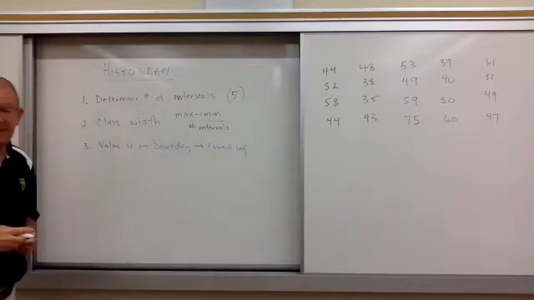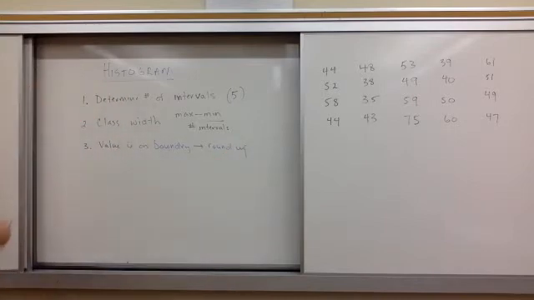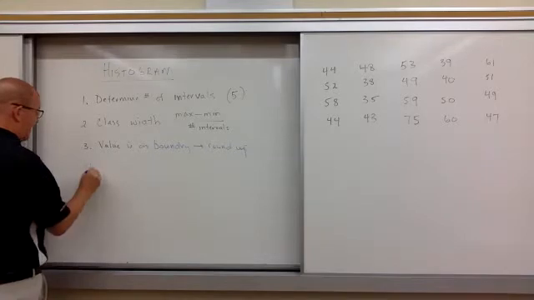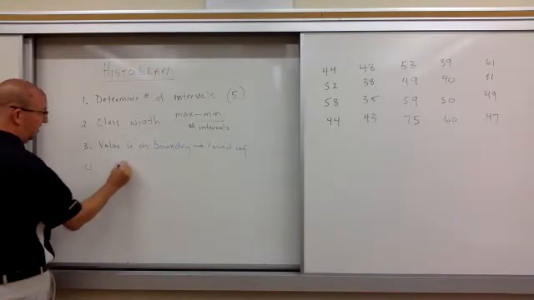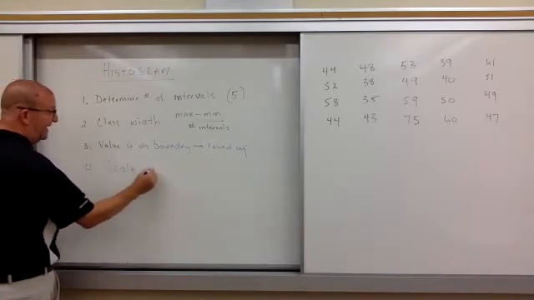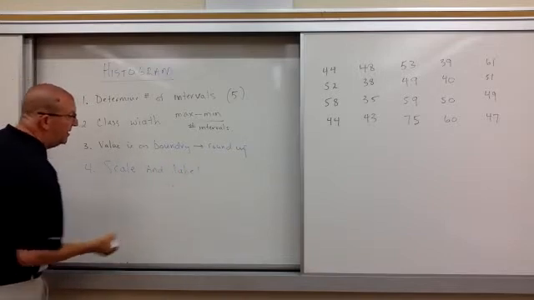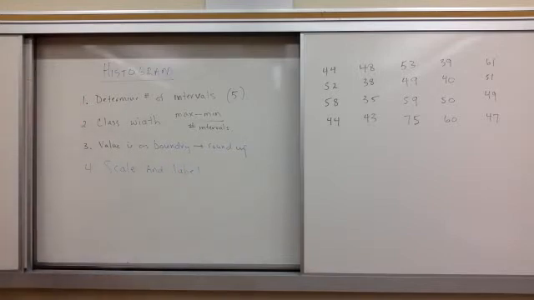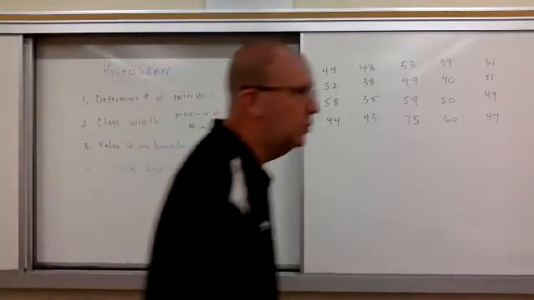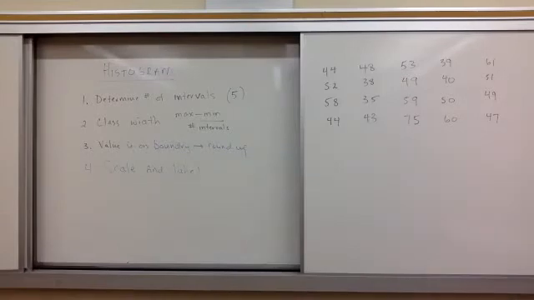And you'll see what that means in just a second. And finally, the most important, scale and label. Okay? So let's go ahead and see how that process works with this problem.